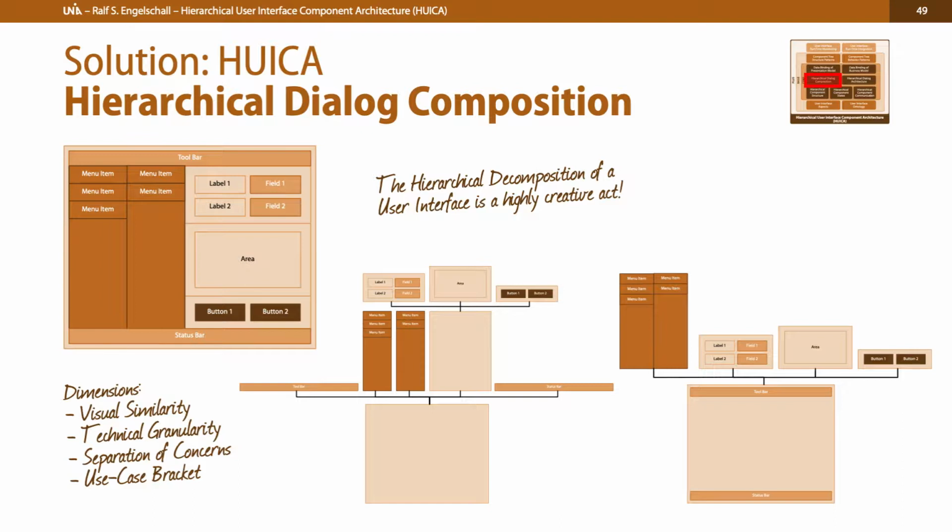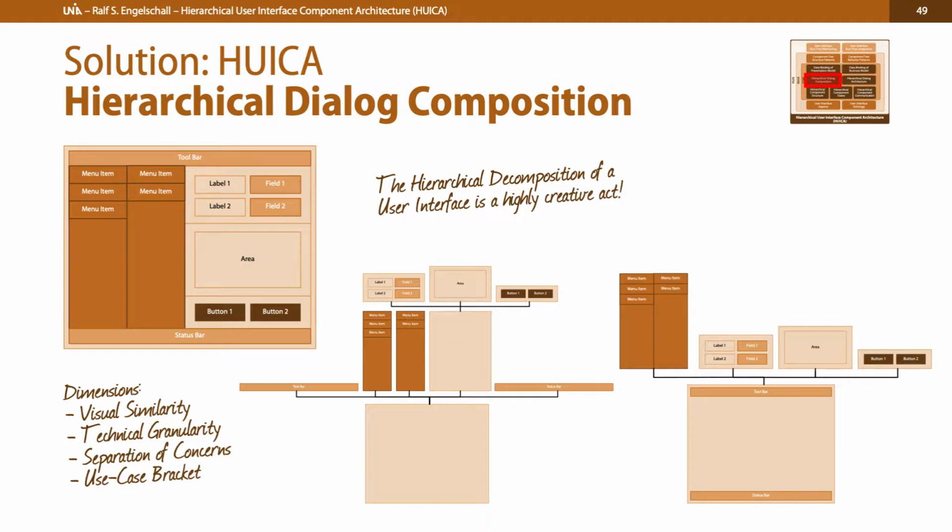For instance, the visual similarity of the user interface fragments plays a role, the technical granularity, the separation of concerns, and the brackets created by particular use cases. Here in this example, you see at the top left a particular mock-up of a user interface consisting of two menus, an outer toolbar and a status bar, and a few detail dialogues.